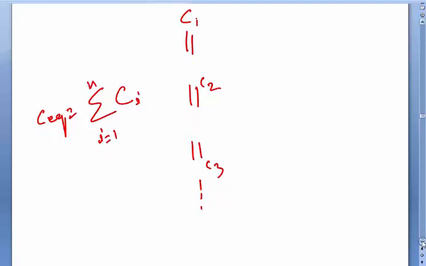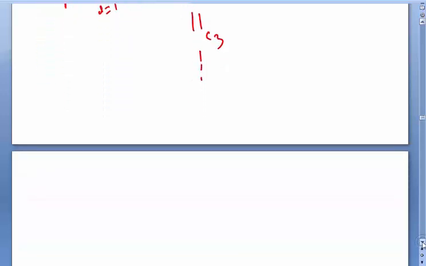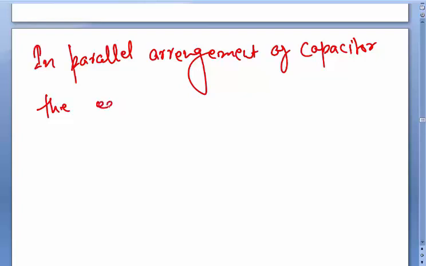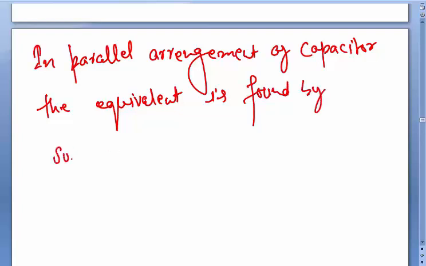It means that in a parallel arrangement of capacitors, the equivalent is found by summing all the capacitors.